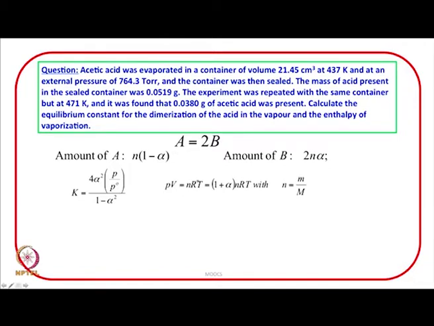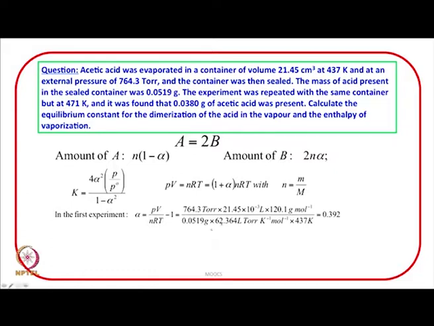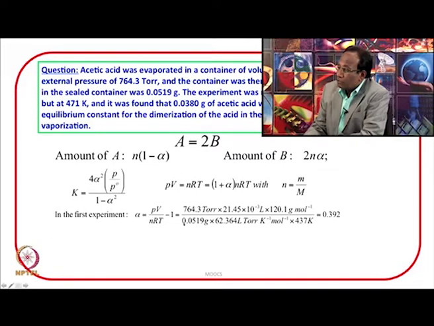So, PV is equal to nRT. In fact, this n should be read as n total, which is equal to 1 plus alpha into nRT, with n equal to mass divided by molecular weight. We get alpha. You rearrange this, alpha will be equal to PV by nRT minus 1, and it comes out to be 0.392.